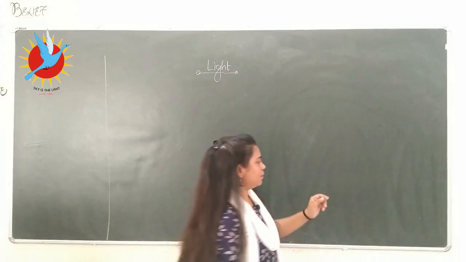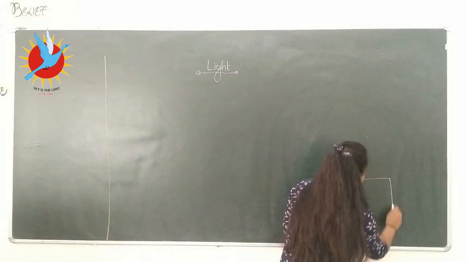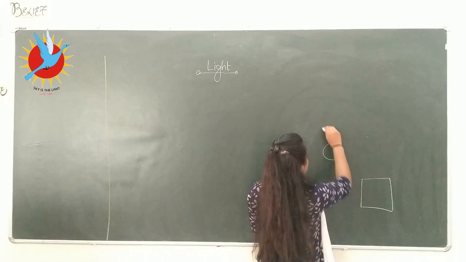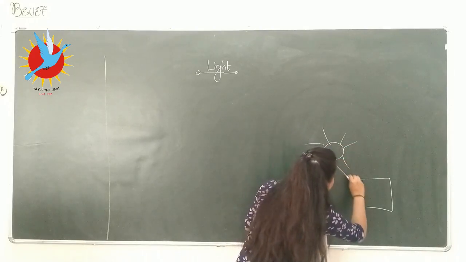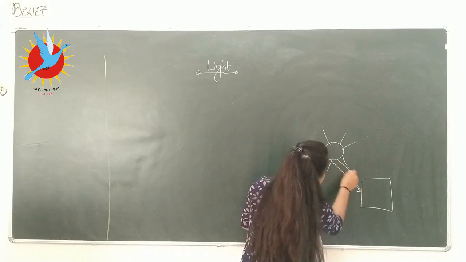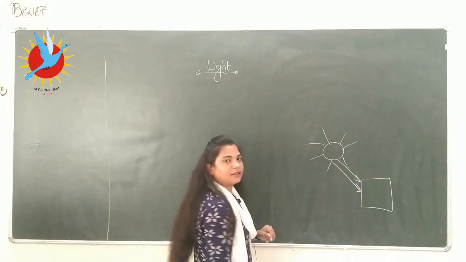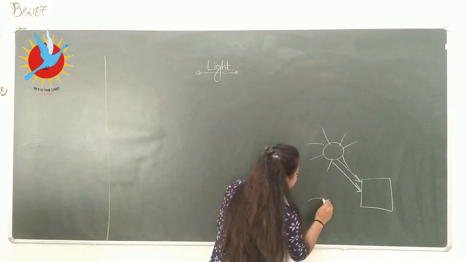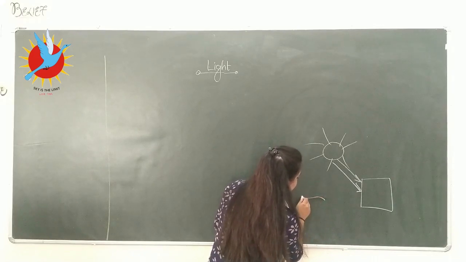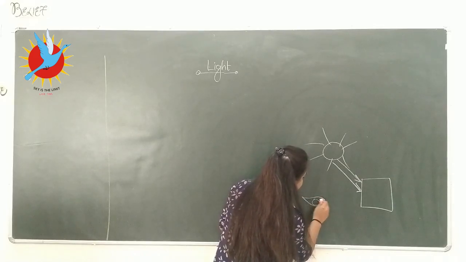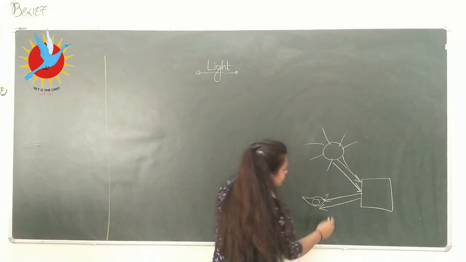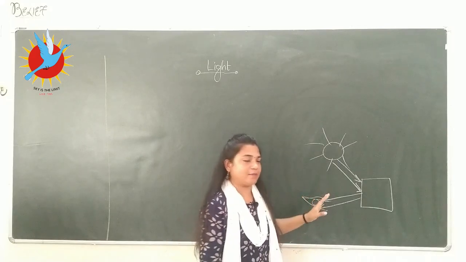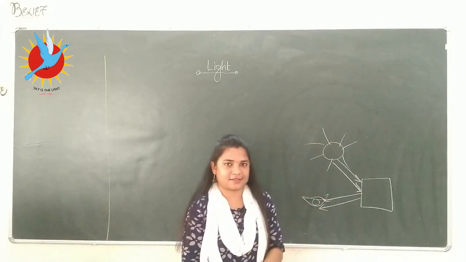Taking the sun as an example, the light coming from the sun is incident on the object and then reflects back into our eyes. And that is how we are able to see the objects around us.